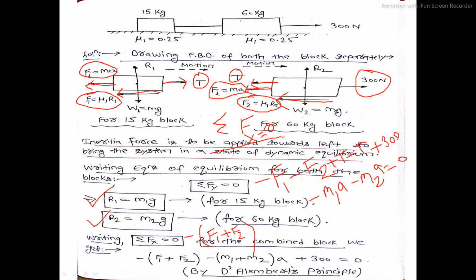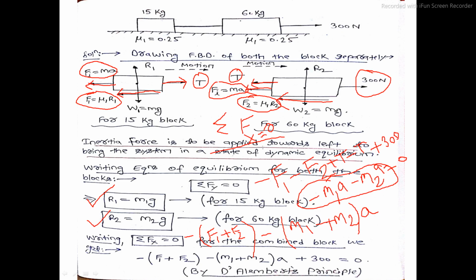Again, if I take minus common from here, what I will get? I will get minus, in bracket, M1 plus M2. A is common, take it out.